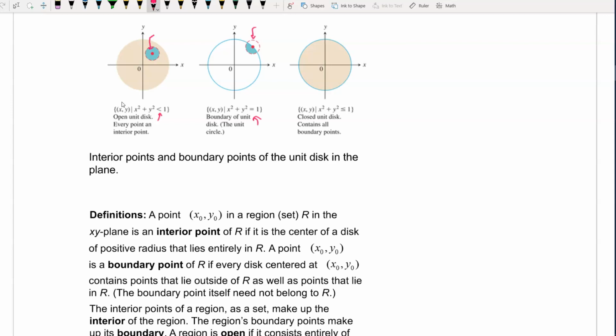And finally here on the right side we have x squared plus y squared less than or equal to 1. Here we have less than or equal to 1, which means we have the closed unit disk, and that contains all boundary points. So this part is included, meaning all boundary points are included.